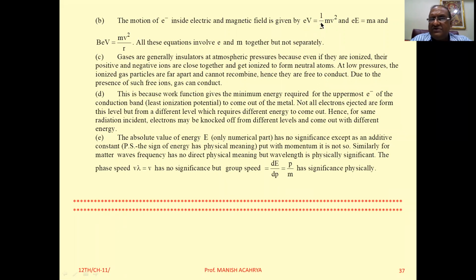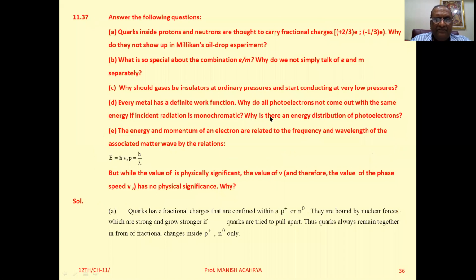So in this equation e by m appears. Under the effect of electric field, the force eE is equal to ma. So again here e by m appears. Then in a magnetic field, the force Bev is mv square by r. Again here e by m appears. So e by m appears together in all the calculations, and therefore we take it jointly.